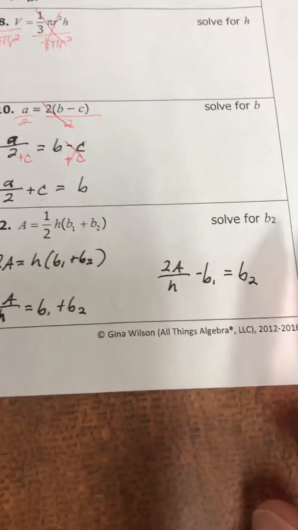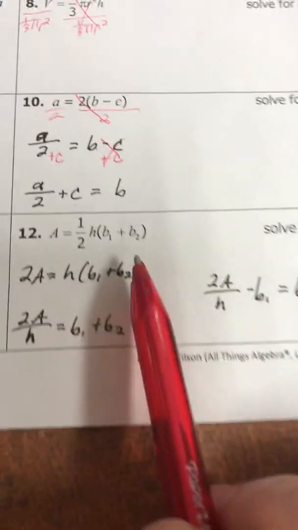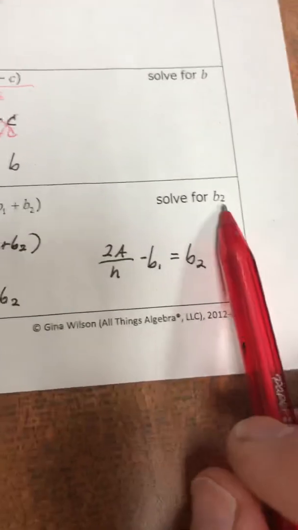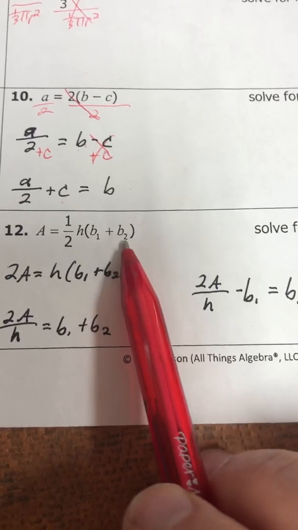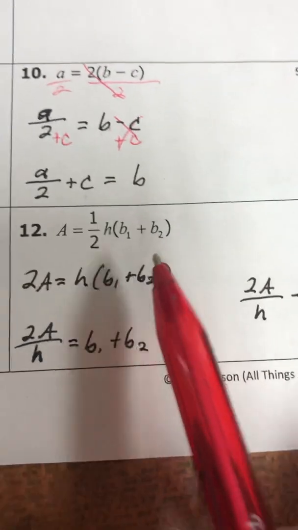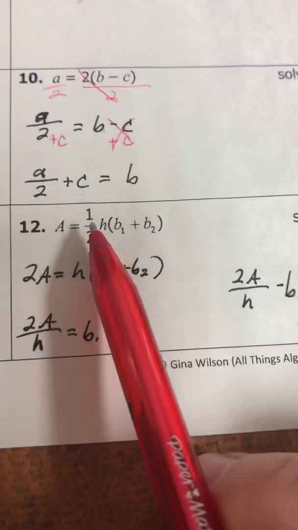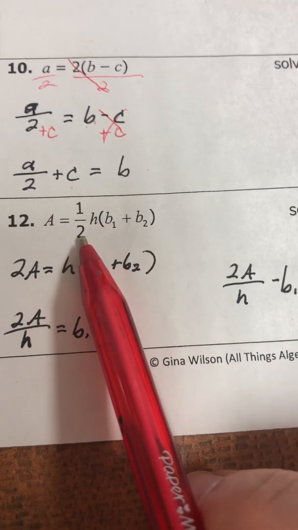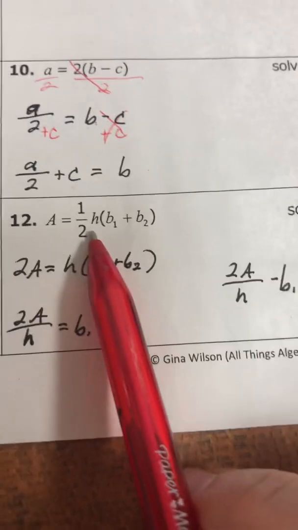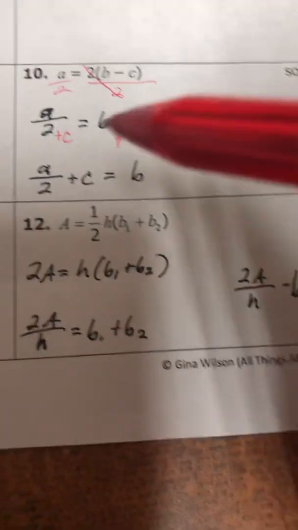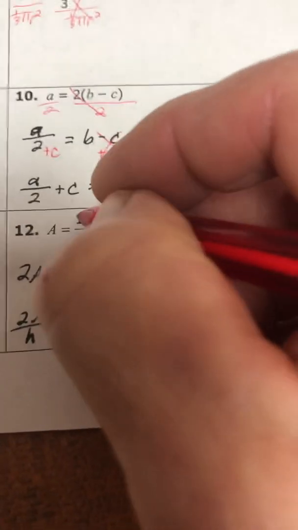For number 12, I'm solving for b sub 2, so I'm solving for this b right here, b sub 2. First of all, what I did is I multiplied everything by 2, since this is all multiplied by a half, in order to get rid of this.